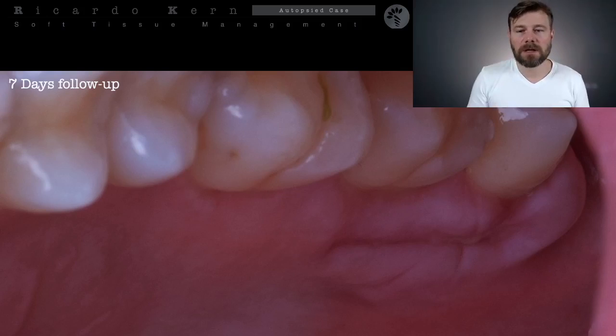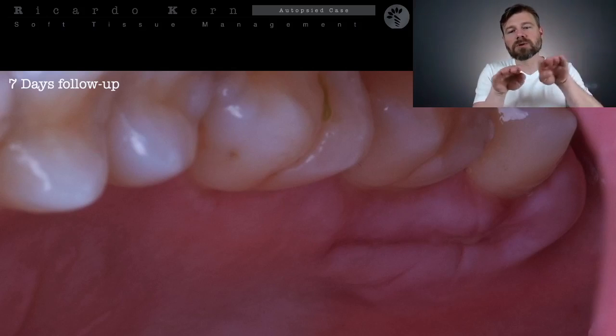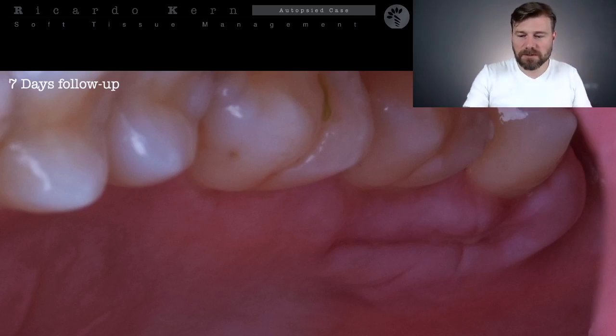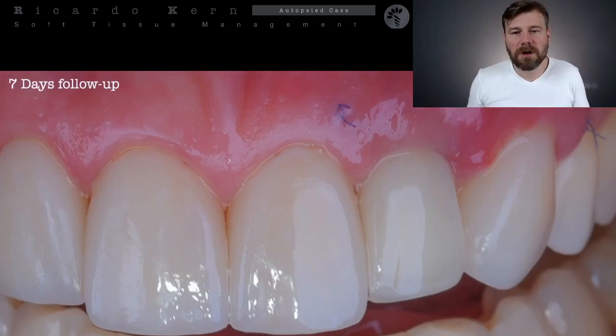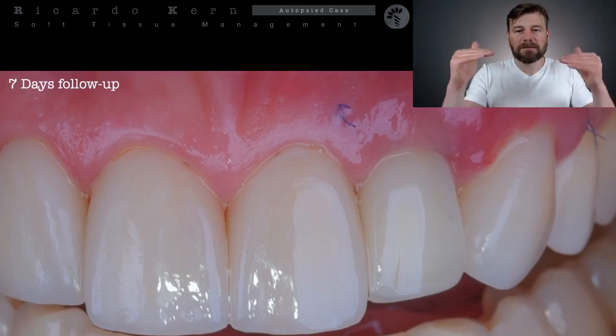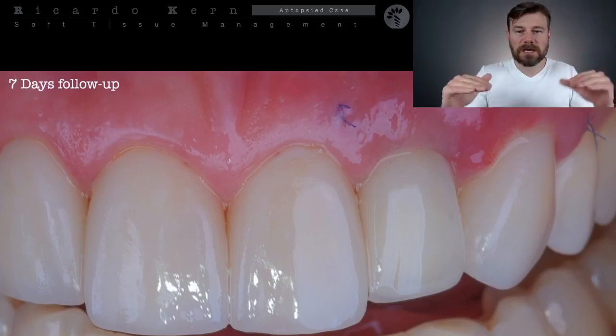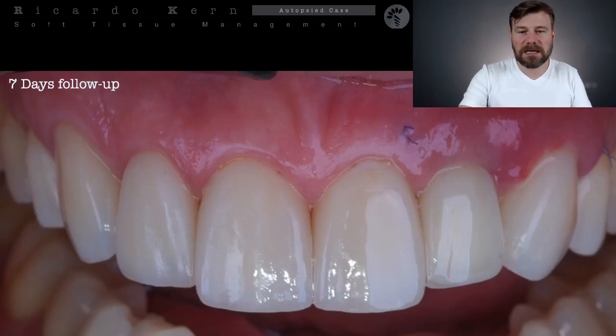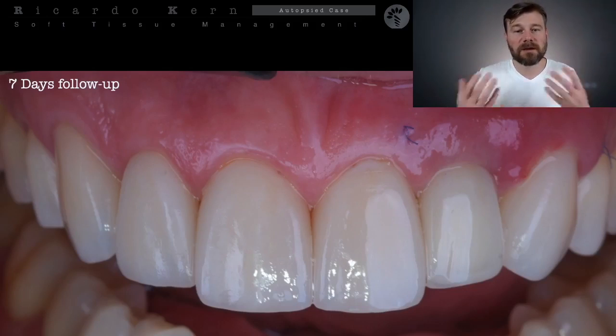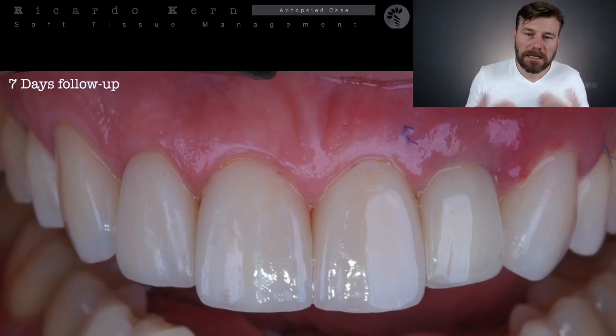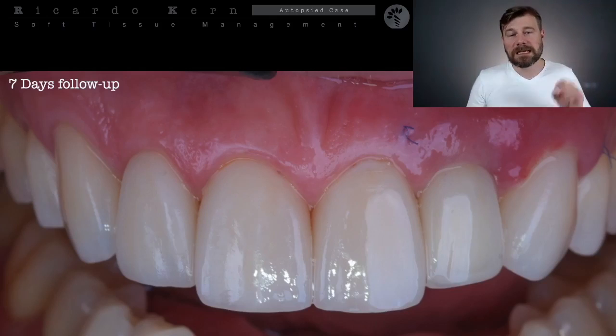At 1 week follow-up, I have my donor site. You see I have almost complete epithelialization of the borders of my donor site, a very good post-op for the patient, and in the anterior zone the level of the soft tissue is great, the volume is great, and the aesthetic appearance of the area is very good for 7 days. Now I'm going to remove the sutures and I can send this patient to the dentist that referred the case to me.